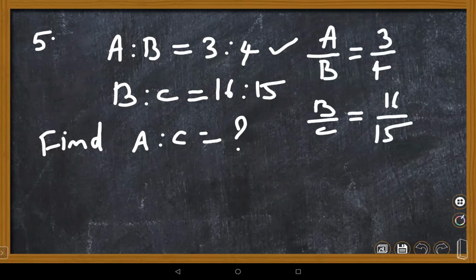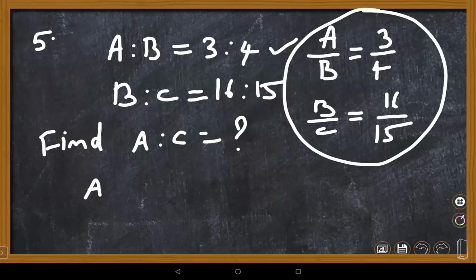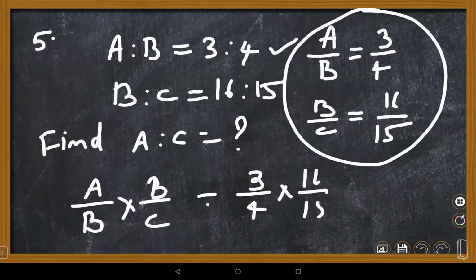Then I'm just multiplying these two things, children. A by B multiplied by B by C is equal to 3/4 multiplied with 16/15. So here B and B get cancelled. 4 1s are 4, 4 4s are 16.